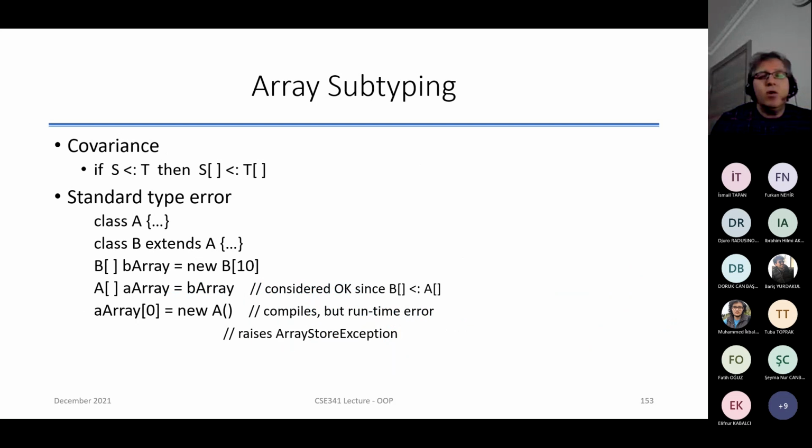So covariance is going to be the governing subtyping relationship for arrays. If you think of array as a function, taking a class or an object and making that into an array means that you can treat this thing as a function.